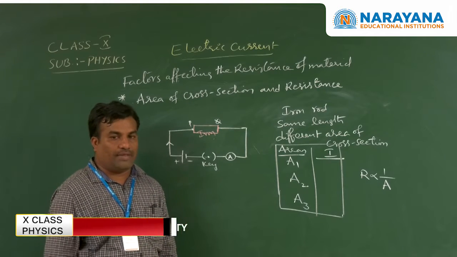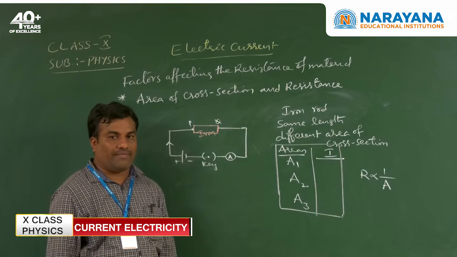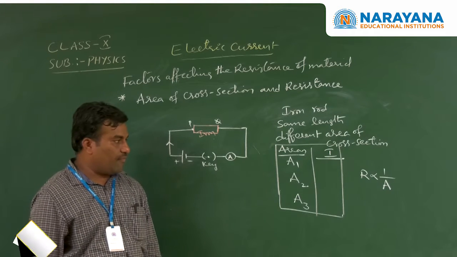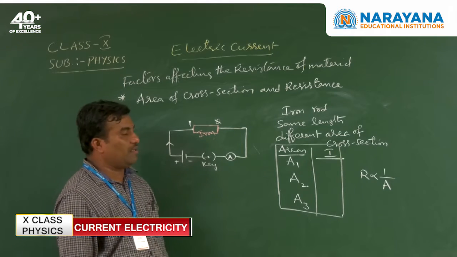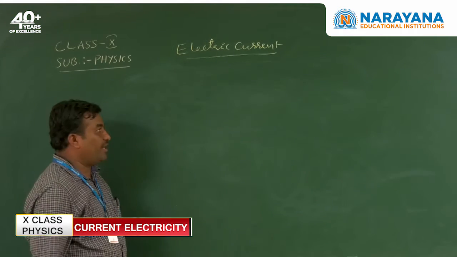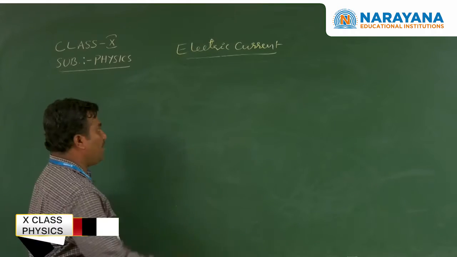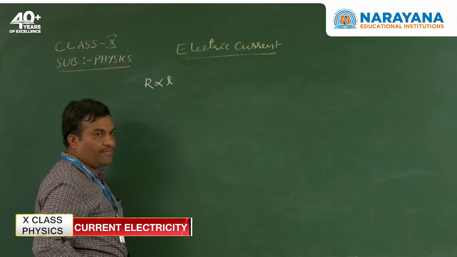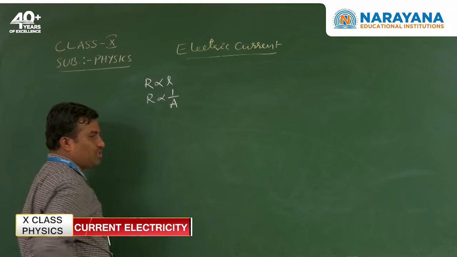Resistance is directly proportional to length, and resistance is inversely proportional to area of cross section. These two factors affect the resistance of a material.